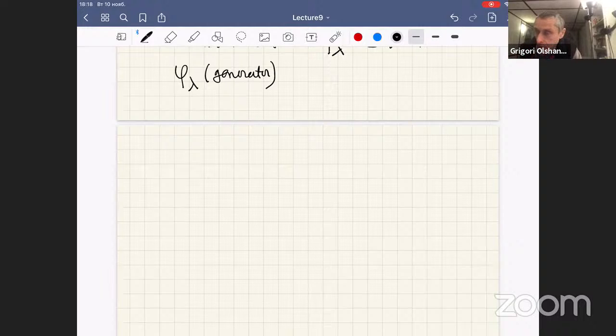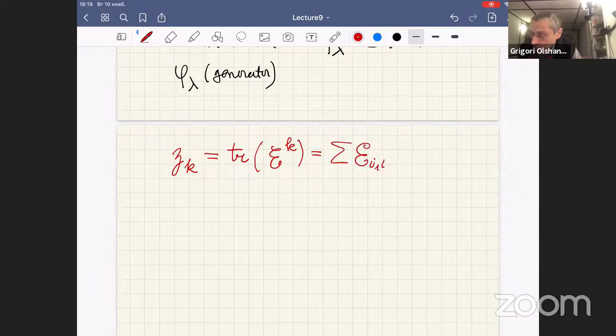Let me recall this construction: it was the trace of a matrix power, the sum of products of matrix elements.